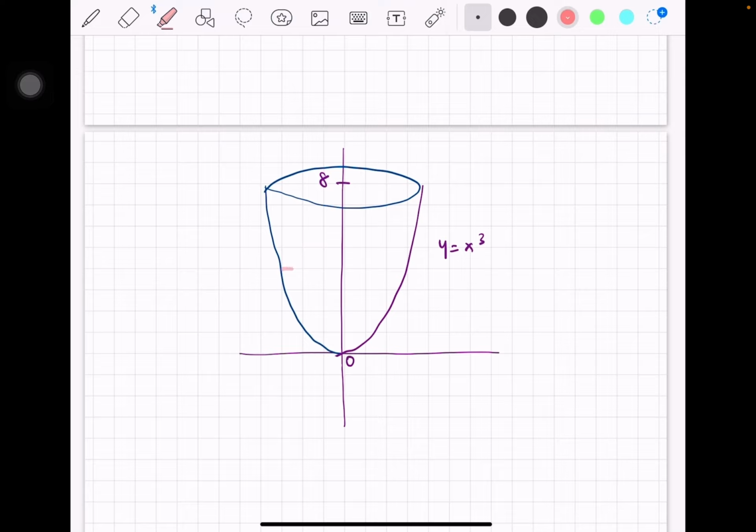Because of the shape, the three-dimensional shape we have here, when we slice it, we have to slice it horizontally. Because we slice them horizontally, once we turn the shape, it's still going to be a circular disk, but this time the radius r is going to be here, which corresponds to the x value.